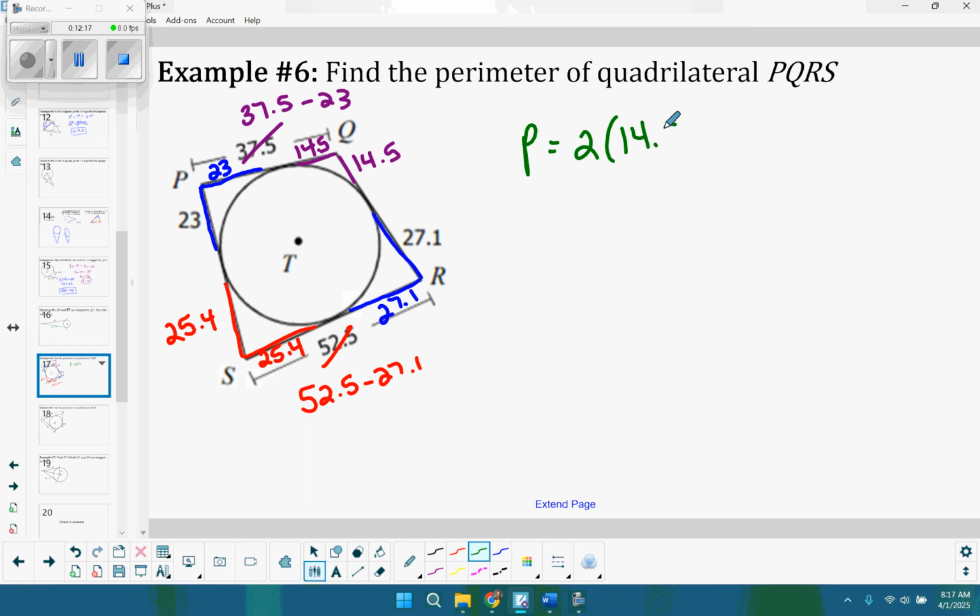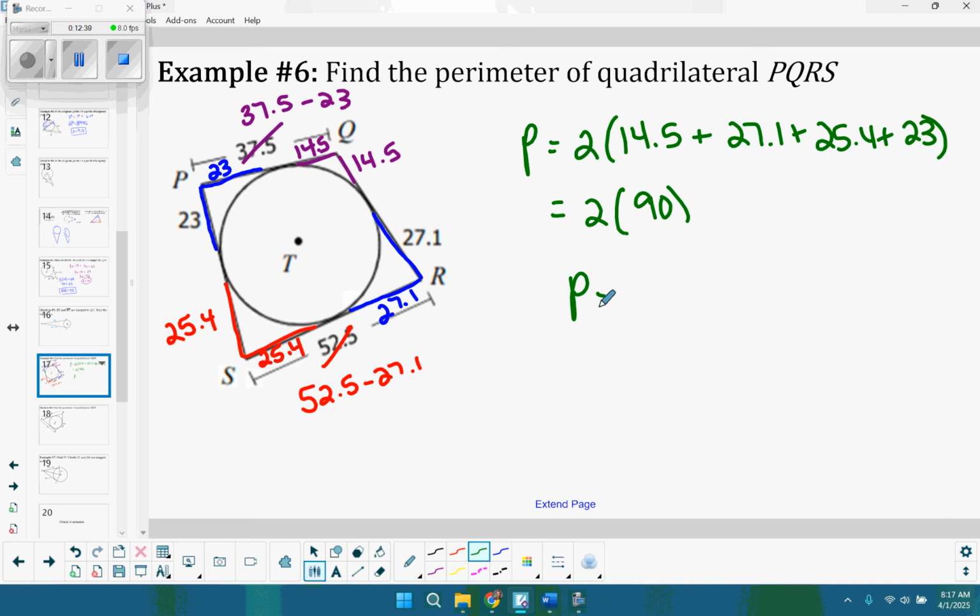I had a 14.5, I had a 27.1, I had a 25.4, and I had a 23. So this is going to be 2 times all of that added up, which was 90. So 2 times 90, my perimeter would have been 180.